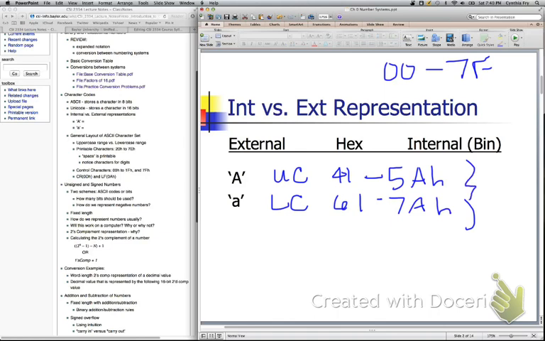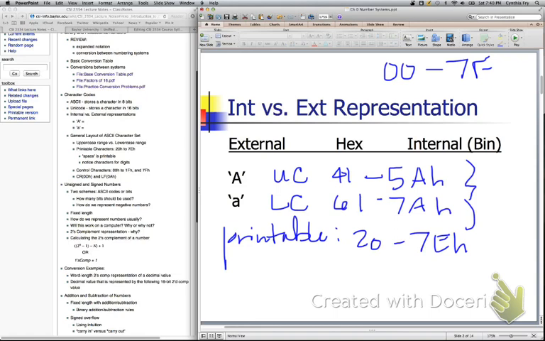So what happened to the rest of these? Well, I've also got a space, which is a printable character. Let's talk about that. Printable characters go from 20, which is a space, to 7E. So almost to the very end, not quite.